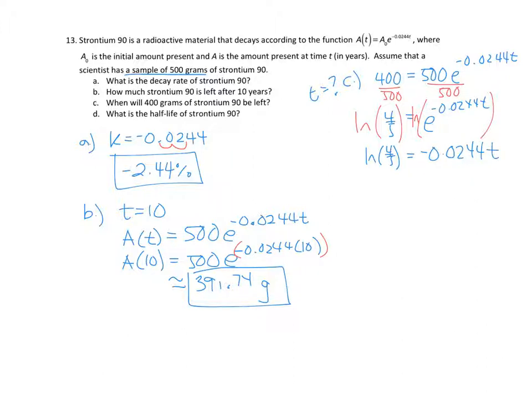And then our last step is to solve for t by dividing both sides by negative 0.0244. And t is equal to approximately 9.15 years.